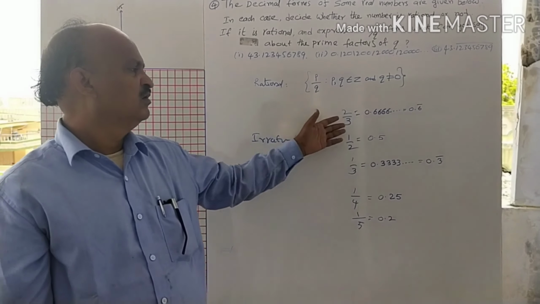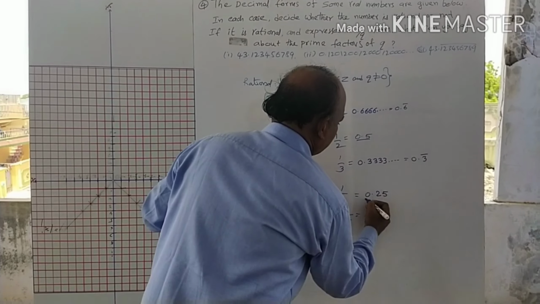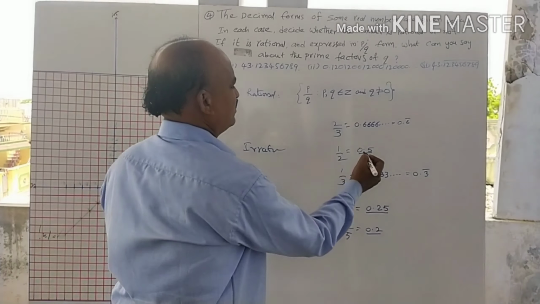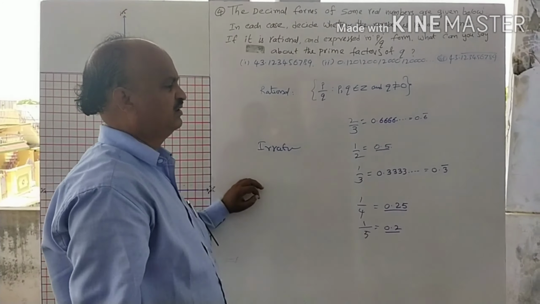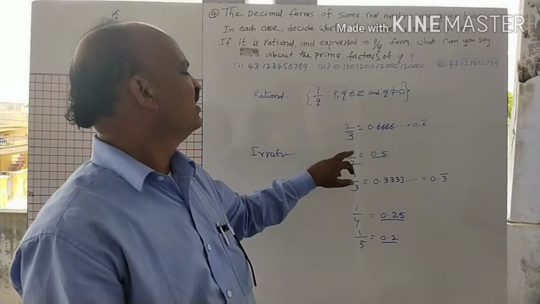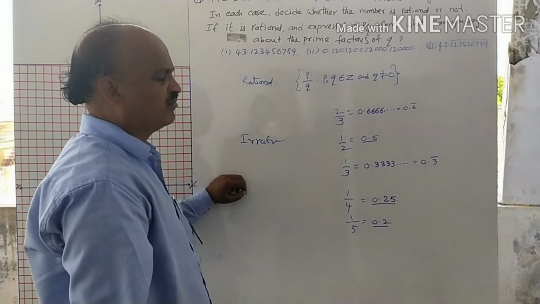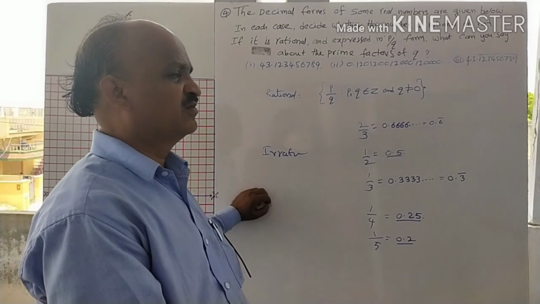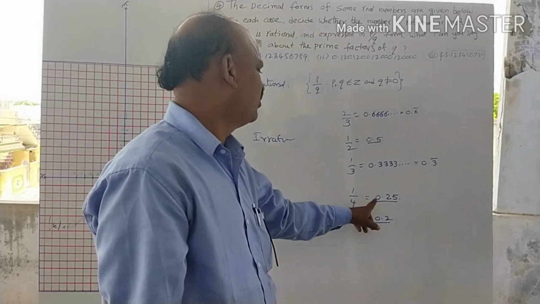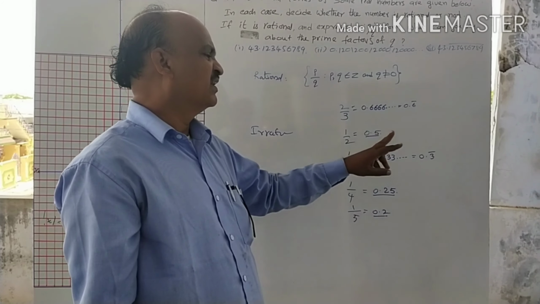Here we observe these decimals, 0.5, 0.25, 0.2: each ends. These are called terminating decimals. Terminate means it stops: 0.2, 0.25, 0.5. These are terminating decimals.